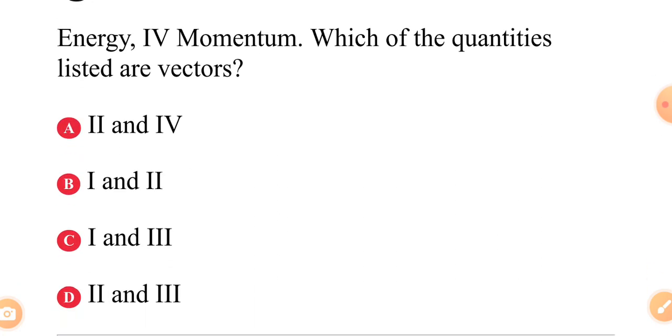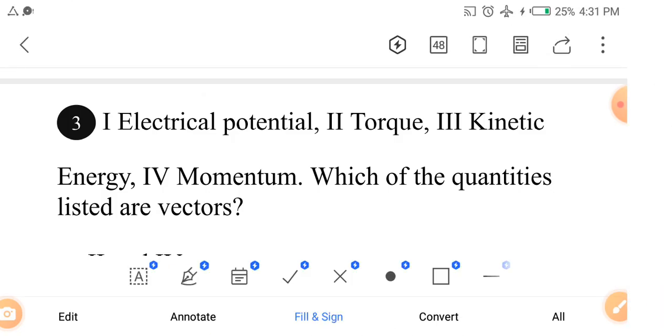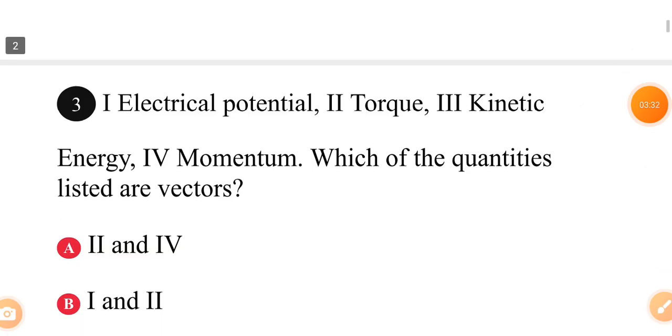D, I and IV. The answer is A. The one that is a vector quantity requiring magnitude and direction is A, and that A is torque and momentum. We now continue going.